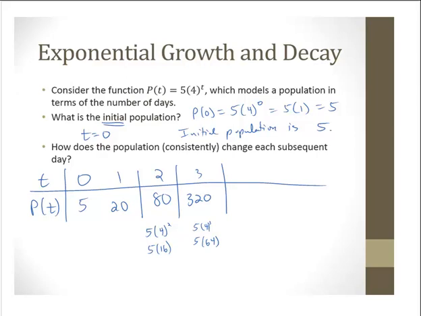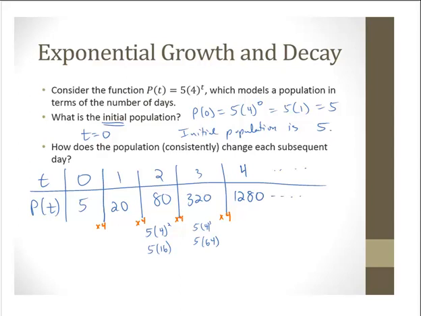What's going on here? Notice 5 times 4 is 20. 20 times 4 is 80. 80 times 4 is 320. 4 days, the exponent increases by 1, so we're multiplying by another factor of 4, and we'd have 1,280, and so on.